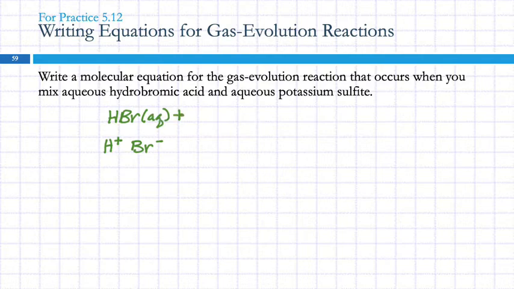And potassium sulfite. Potassium is K+. What's the formula for sulfite? SO3 2 minus. You were telling me the charge. Yeah, sure, 2 minus. Sulfate is SO4. Not all the ates are O3.